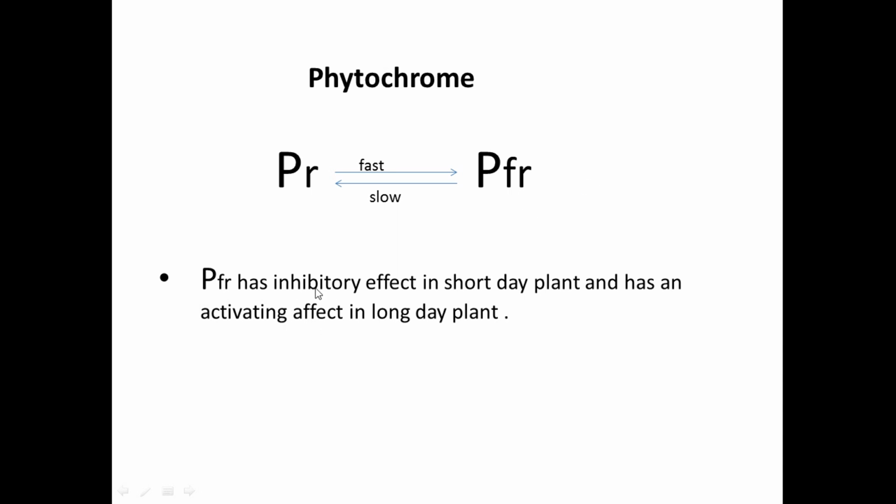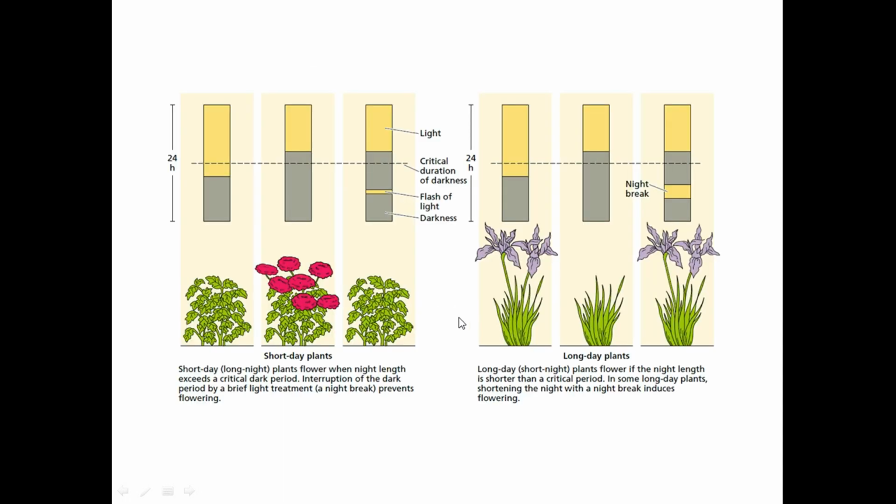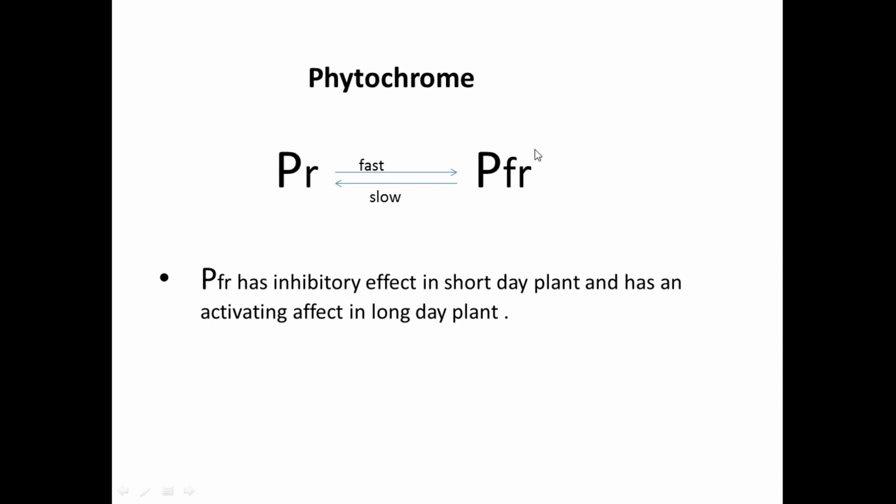However, it has an activating effect for a long day plant. So let's go back to this diagram again. One possible reason could be that since the conversion from PFR to PR is slow, a short flash of light in a dark phase resulted in the change of PR into PFR.